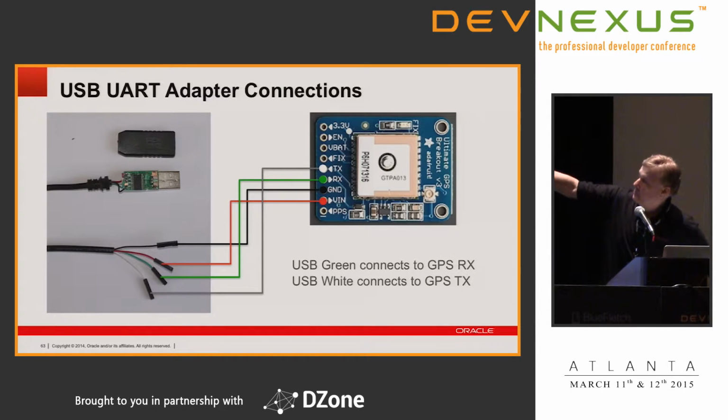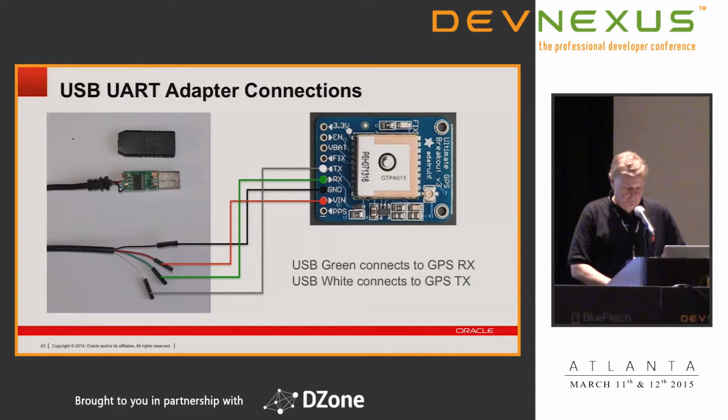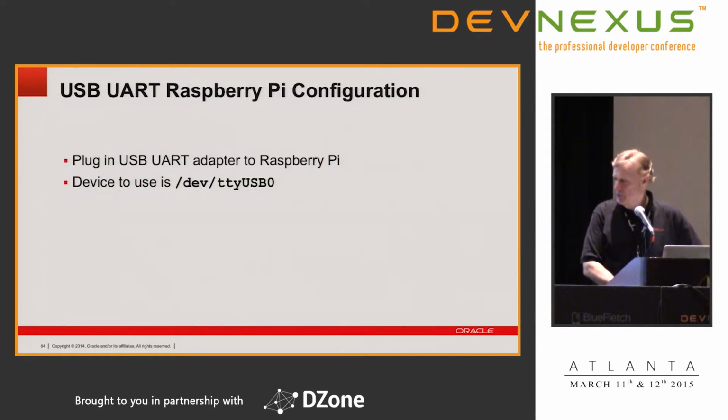If I were going to use the USB port here, I would use the USB adapter, which has 4 wires that go into TX, transmit, receive, ground, and VIN. What's VIN? Voltage in. Voltage in, yeah, there you go.